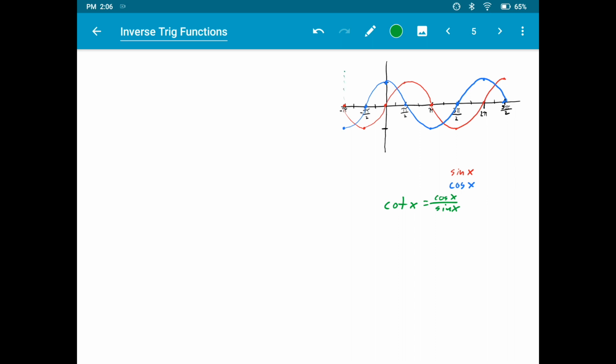So that means we have a vertical asymptote here, here, here, and here. And this is positive whenever both sine of x and cosine of x are positive or both are negative, and negative if one is positive and the other is negative. So we get a function that looks like this.